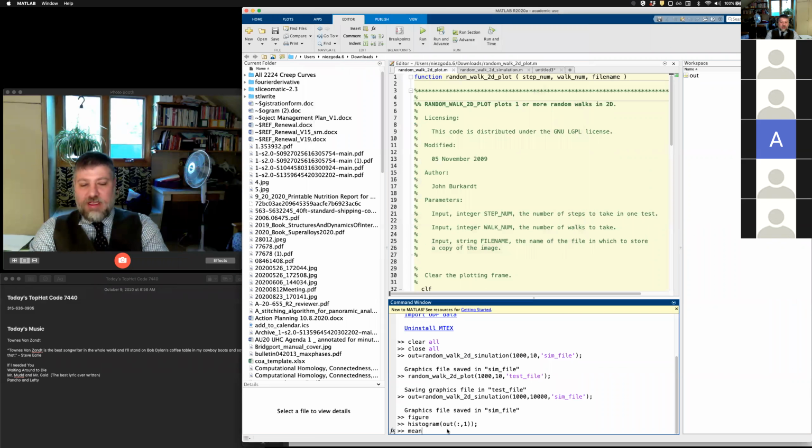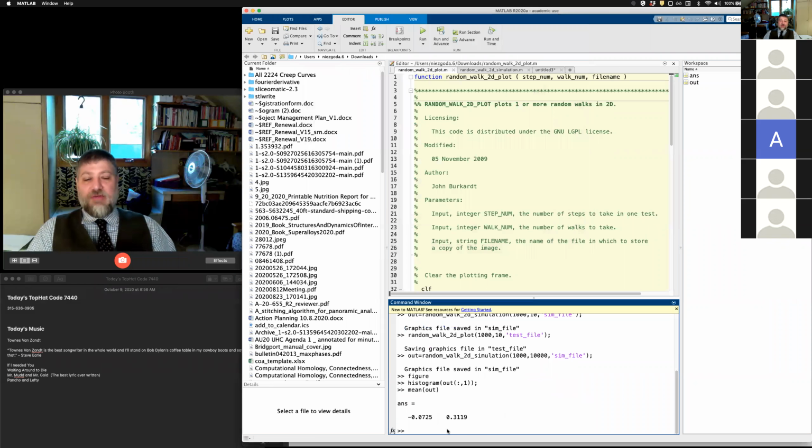So let's just take the average position, which is 0.07, 0.31. So that's the mean position of where things ended up.